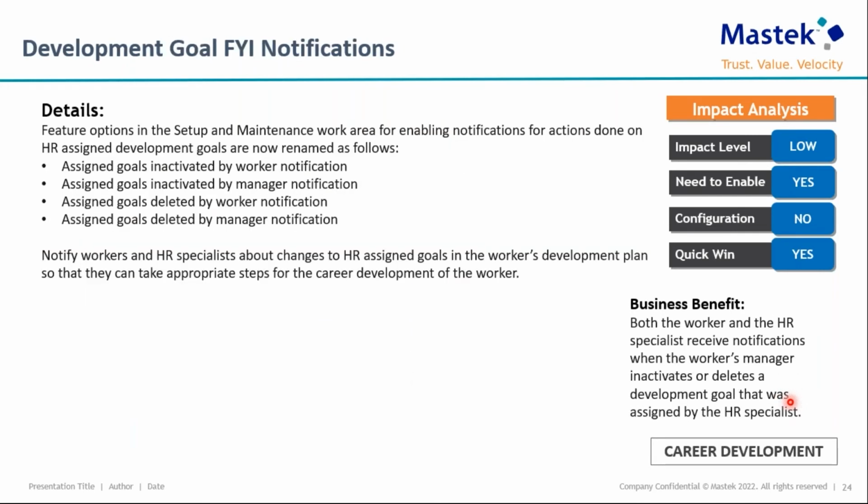Moving on, certain development goal notifications, right? So when we are actually configuring the system, we get into a lot of discussion about what kind of notifications you want to keep in the system.